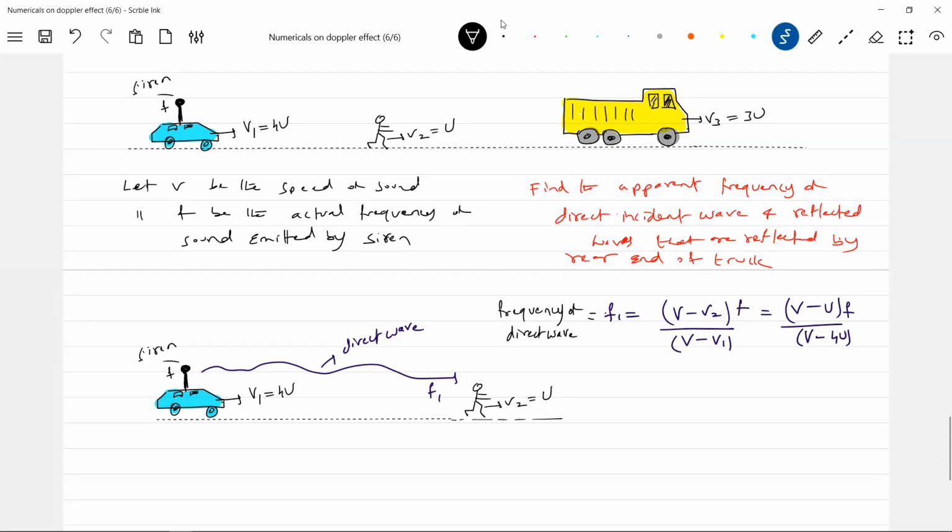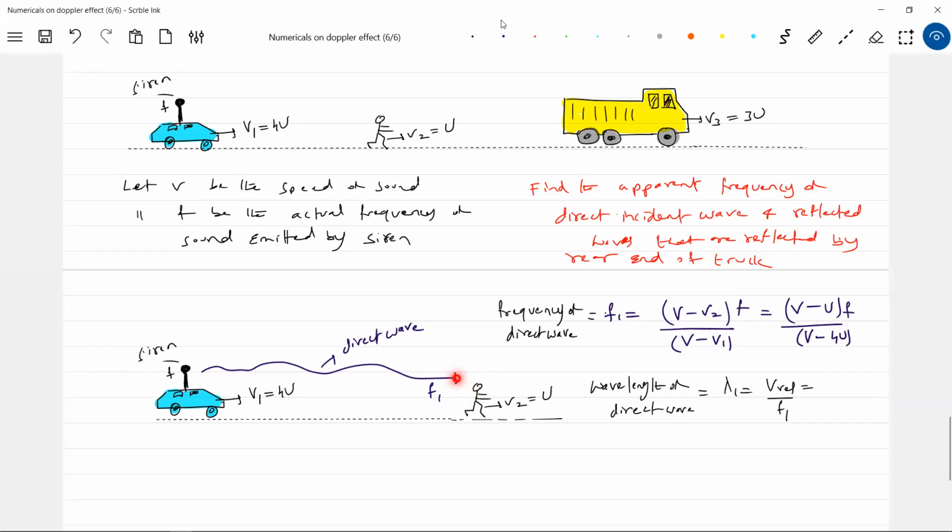Next, the wavelength of the direct wave. What is V relative? Can you say what is V relative? It is the speed of the waves with respect to the observer. The waves move with speed V and strike the person from behind.